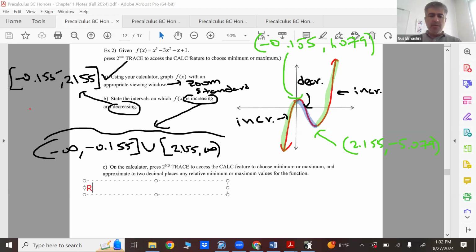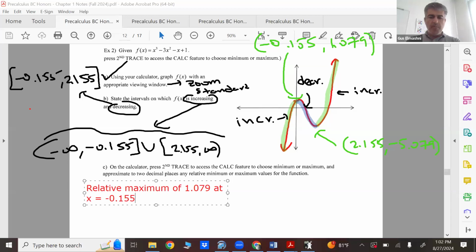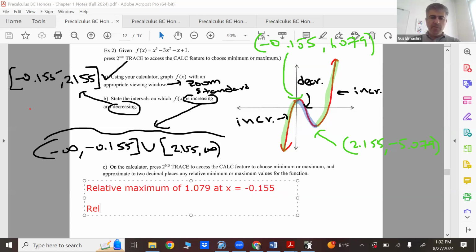So we're going to say relative maximum of 1.079 at x equals negative 0.155. Relative minimum of negative 5.079 at x equals 2.155.